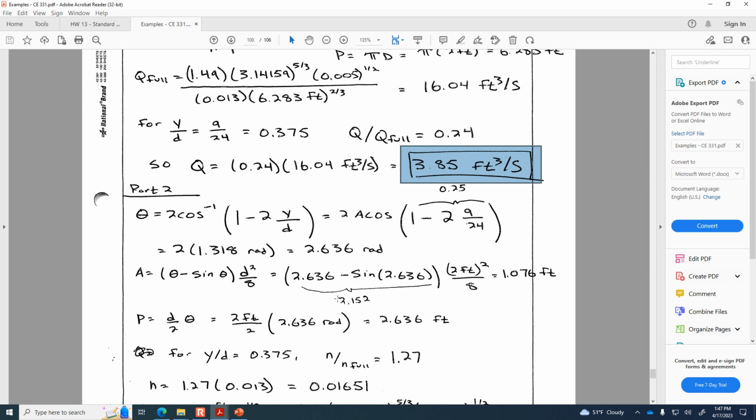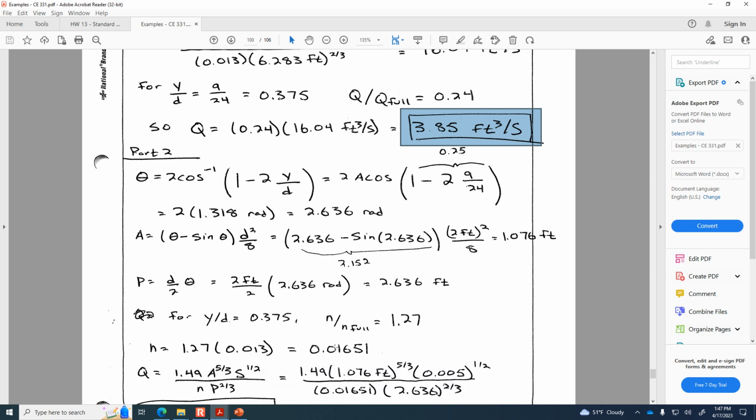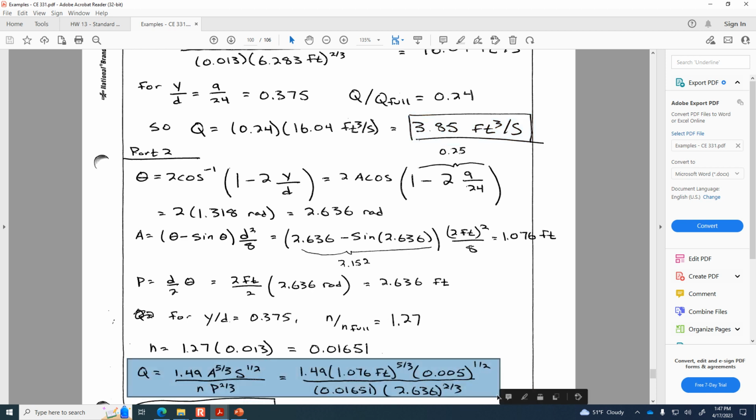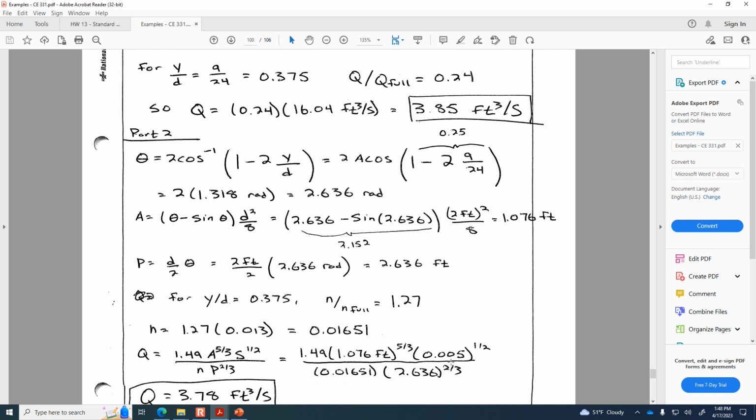So we have to correct for that effect. So we've got now, in Manning's equation, the area that we calculated of 1.076 feet squared to the 5/3 power. We've got the slope of the channel, the corrected n value, the wetted perimeter, and then if you calculate all that, you get 3.78 cubic feet per second.